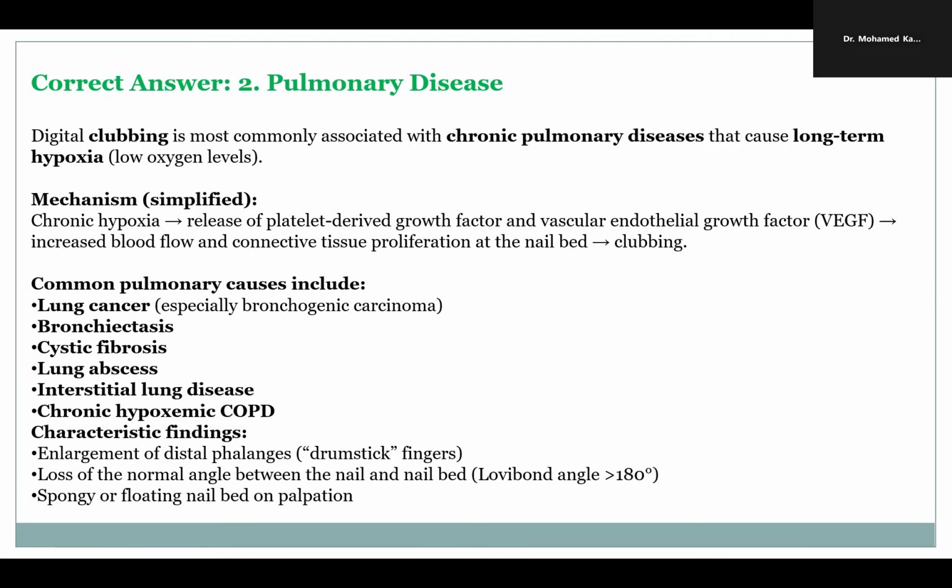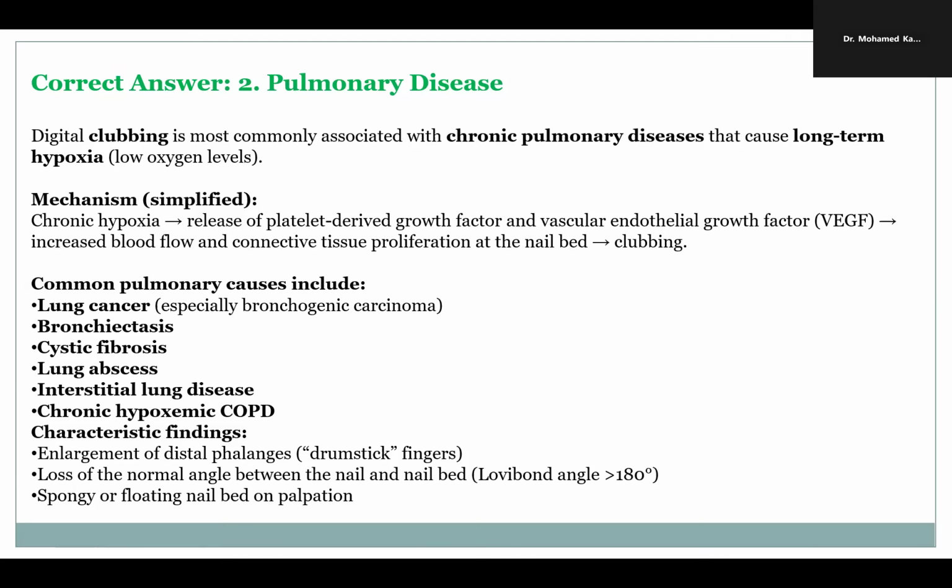So with chronic hypoxia, which is happening with chronic pulmonary disease, what will happen? There will be release of platelet-derived growth factor and vascular endothelial growth factor. What will be the consequence? There will be increased blood flow and connective tissue proliferation at the nail bed, which will result in clubbing.